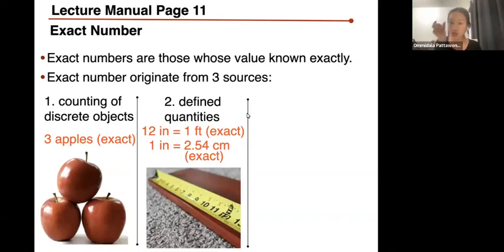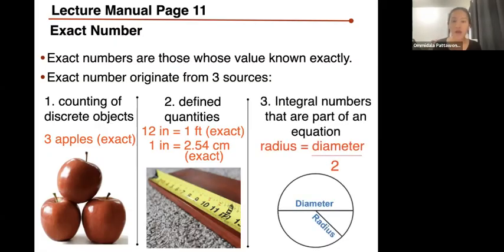In this case, the 12 is an exact number, not approximated. Same thing when we define that 1 inch equals 2.54 centimeters, that number 2.54 is an exact number. We did not approximate it. And the last one is a number that is part of an equation, such as radius, which is equal to half of the diameter. So that number 2 right there is an exact number.